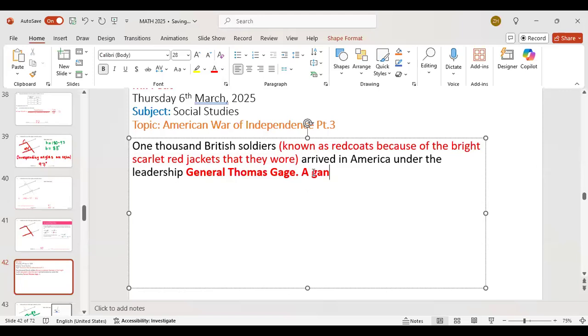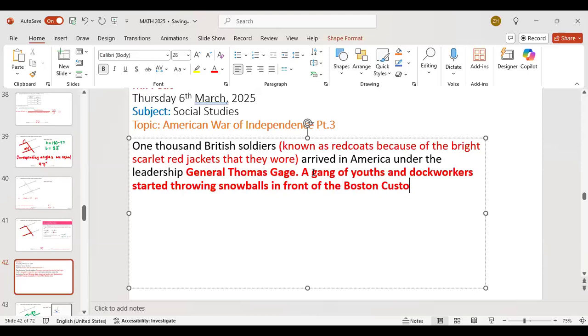A gang of youths and dock workers started throwing snowballs at the customers in front of the Boston Custom House.